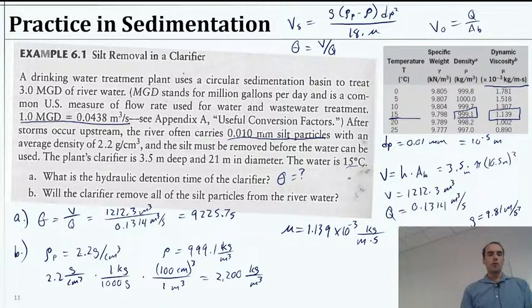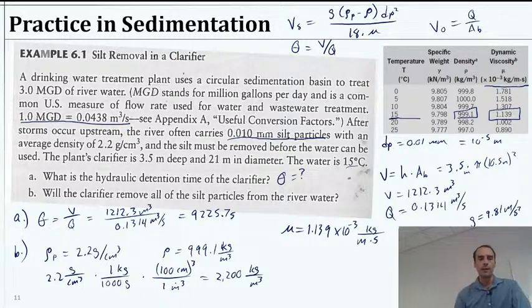The density of the particle was given to us as 2.2 grams per centimeter cubed. So we need to do a conversion there. I went ahead and wrote it out for you instead of just using cheat codes, and said that'll be 1 kilogram per every 1,000 grams. And then we can multiply that by 100 centimeters in every meter, and then cube each of those, right?